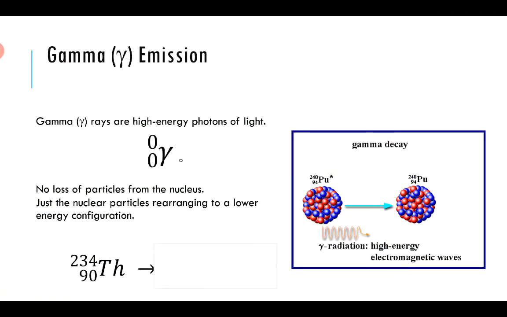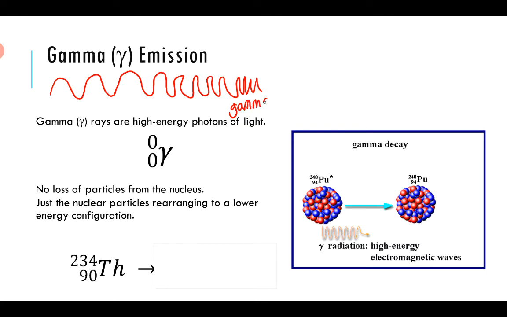The third type of radioactive decay is gamma emission. We learned the electromagnetic spectrum in the beginning of the semester. You might remember waves, and the most energetic was gamma. That was more energetic, so high.